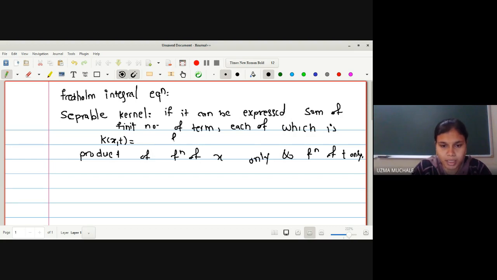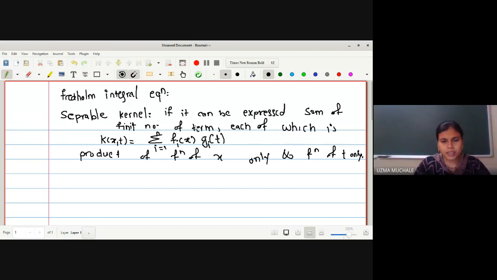So it will be some function of x and some function of t. What is next? A finite number of terms, that is a sum of a finite number of terms. So I can write it in the form of a summation, i runs from 1 to n, phi_i of x into g_i of t. So this is what a kernel is.